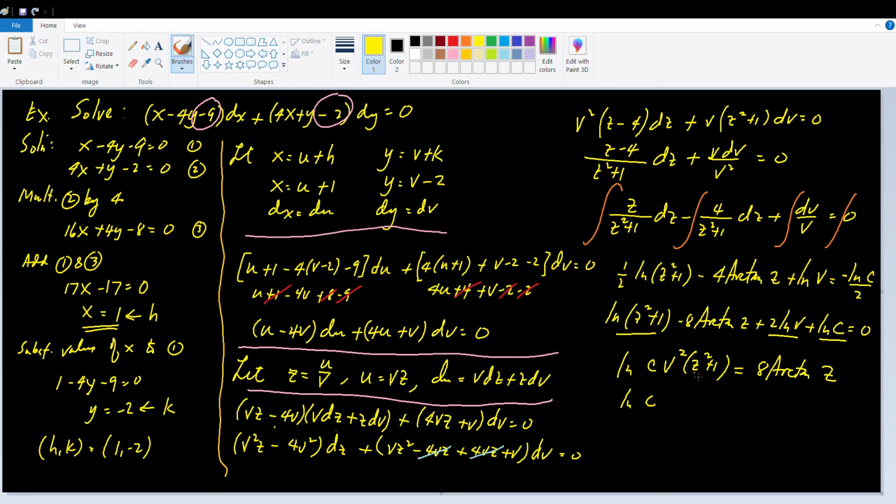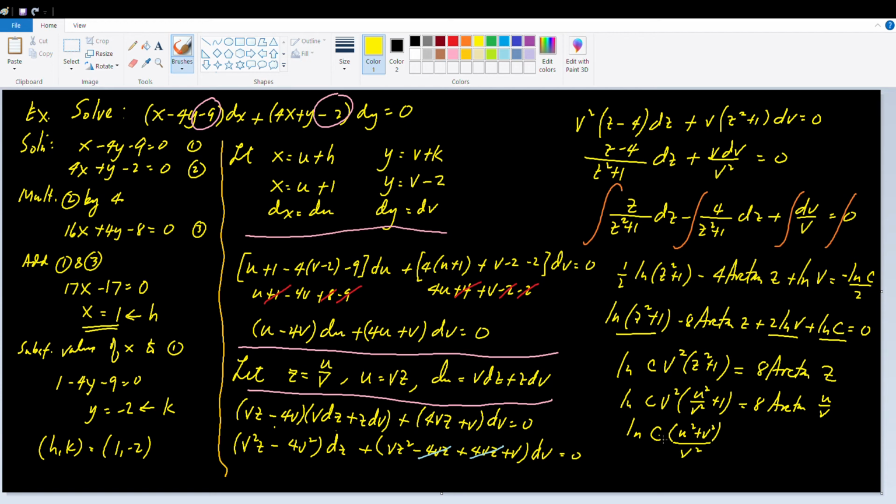What is my c? c is u over v. c is u over v quantity squared, or u squared over v squared plus 1 equal to 8 arctangent of u all over v. ln of c, u squared over v squared plus 1 will become u squared plus v squared over v squared.